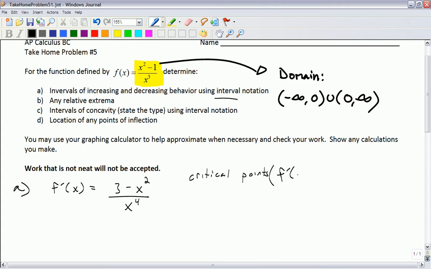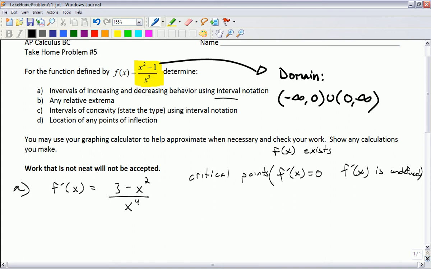I've said f prime of x equals 0, f prime of x is undefined. That's a little bit of an oversimplification. And the last quality here is that f of x exists. So, not a huge deal, but I'll show you how it plays out.